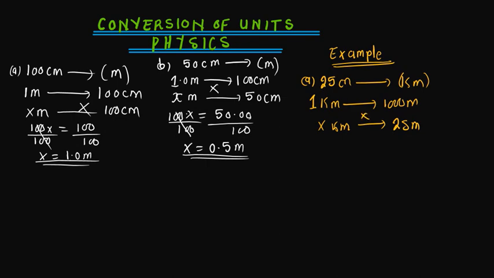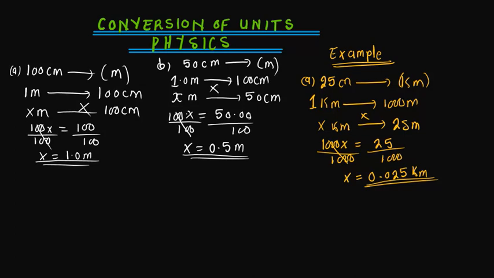So we cross multiply, we have 1,000x equal to 25, over 1,000 over 1,000. X is equal to 0, of course, this is going to be 0.25 kilometers. All right, so this is just how we solve for this particular question.